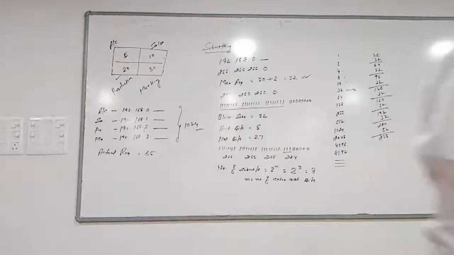Now, how can we calculate the range of each subnet? From where the first subnet will start and at which value the first subnet will end.